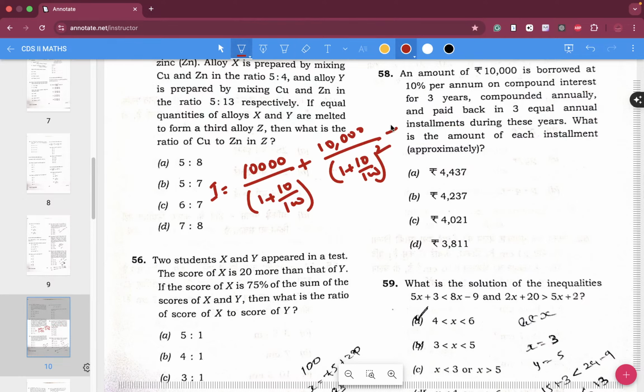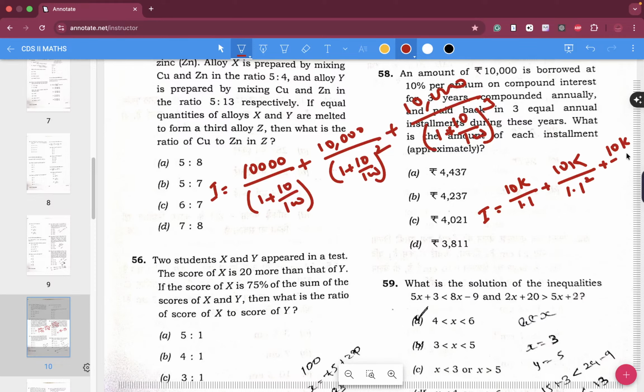Plus 10,000 divided by 1 plus 10 by 100 cube. Or otherwise, in simpler terms, you can write the installments as 10k divided by 1.1 plus 10k divided by 1.1 square plus 10k divided by 1.1 cube.